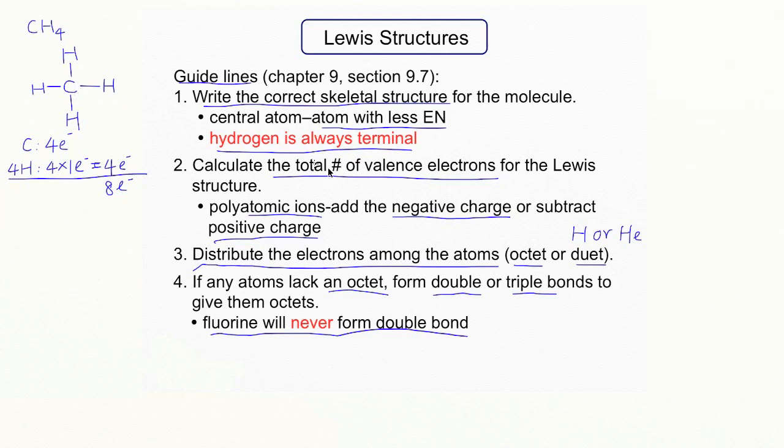So carbon satisfies the octet rule. All right, now everybody is happy, and we don't have to go through step 4 for this molecule because there's no need to form a double bond or triple bond to make sure carbon has 8 electrons and hydrogen has 2 electrons. So this is example 1, CH4.